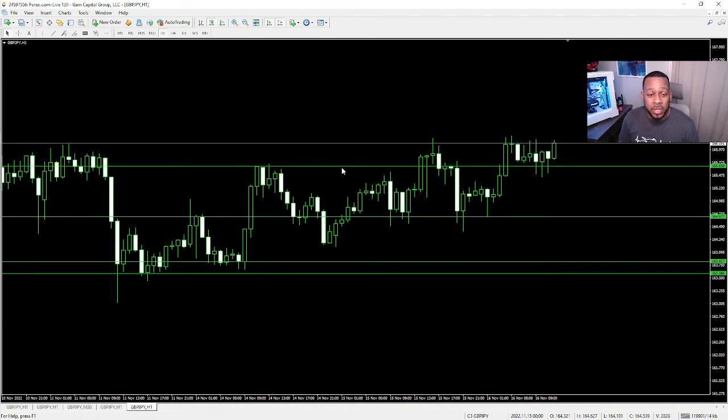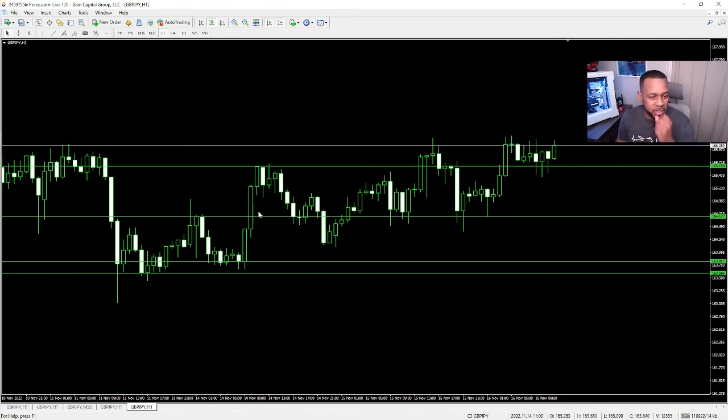So now this line up here at 165 is now your resistance, because it's moved into a bullish market where it will keep testing resistance, and then you'll see a breakthrough, right? So again, we're seeing here that the market is now changing its form, right?